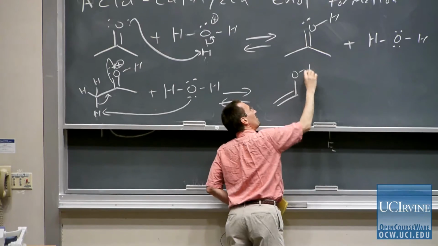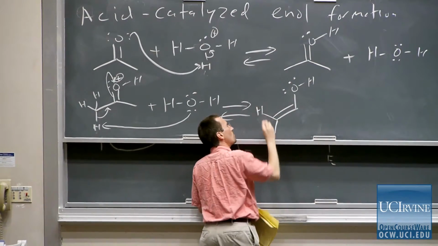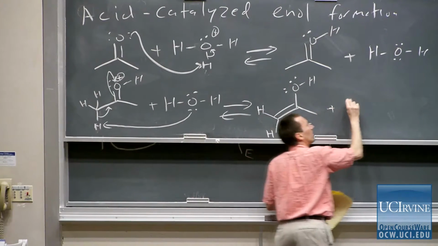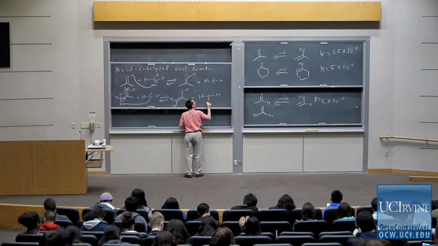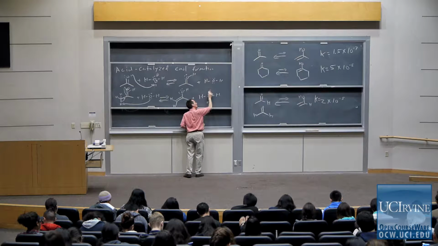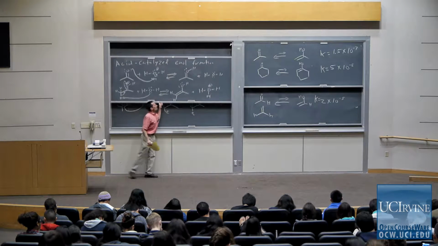And I will be very, very explicit and try to draw in all of my relevant hydrogens here to help keep us on track. And I will try to remember all of my lone pairs and all of my charges, so I'm not a bad person. And here we go.